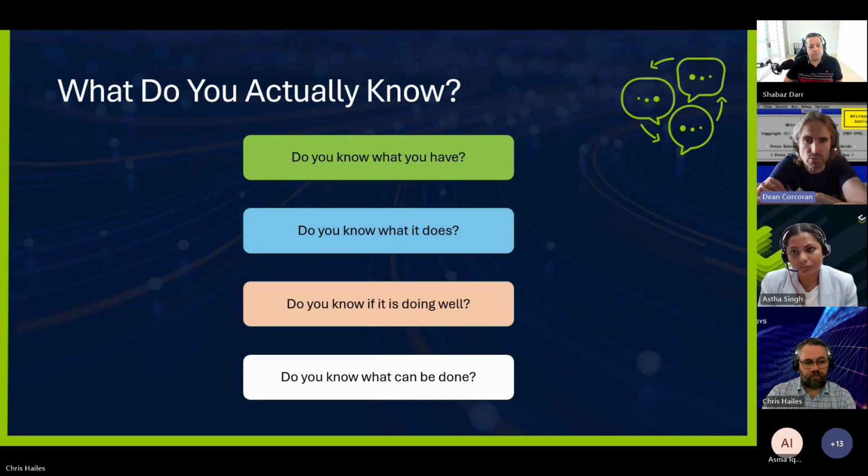Running assessment tools are quite valuable in that instance, because you can see something doesn't mean you know what's inside it. When we say, do you know what you have? It's not just a piece of rack we're talking about. It's what is running inside that. And that's where we start to go down into these other layers of knowing what you have.